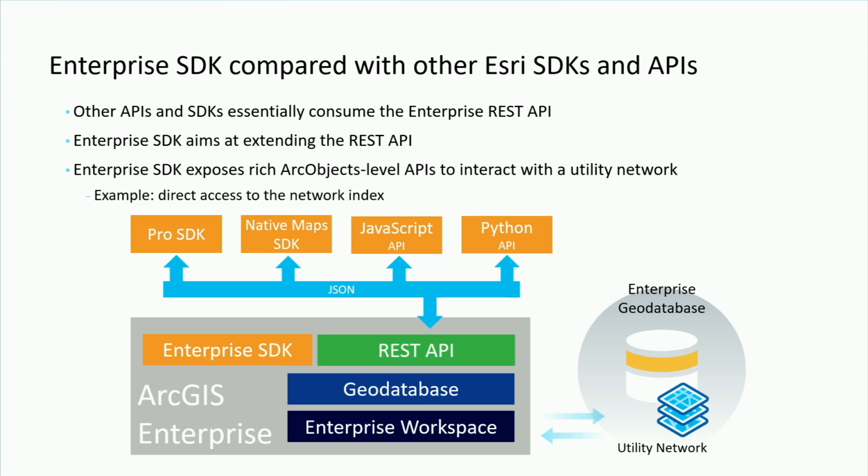There are native map SDKs used for your mobile environments. There are 5, 6, 7 of those, it seems. There's a JavaScript API for doing web apps. There's also a Python API if you prefer to use Python. And they all communicate to ArcGIS Enterprise through JSON, hitting the same REST APIs, okay?